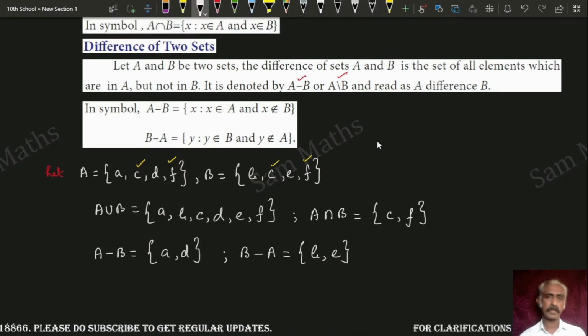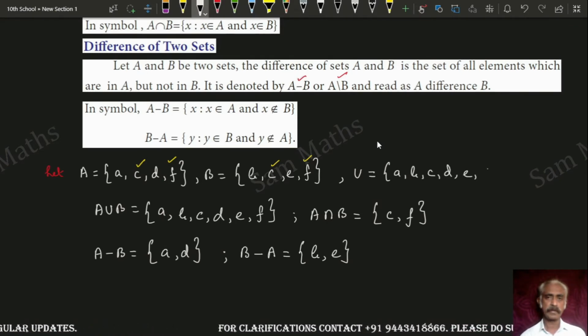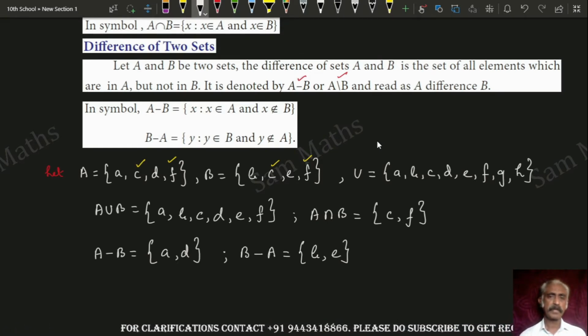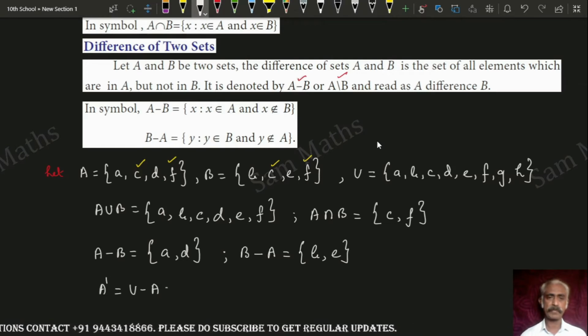Clear, children? And suppose the universal set is equal to A, B, C, D, E, F, G, H. Okay, children? Now A dash, already we discussed now. A dash is equal to U minus A, except A elements from U. Now we can list out the elements.